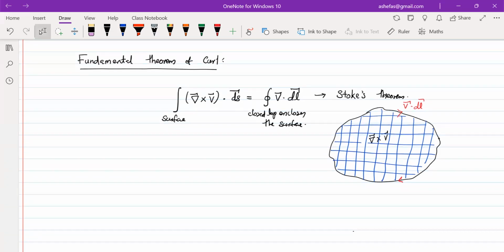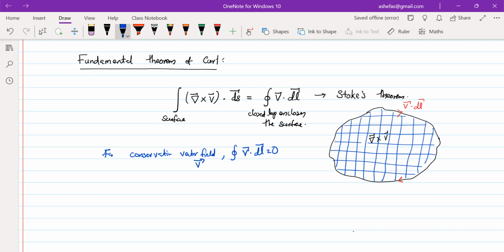We know that in case of a conservative vector field, the closed integral of V dot dl is 0.